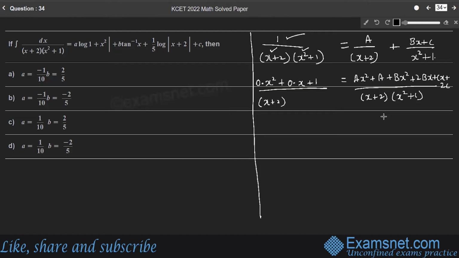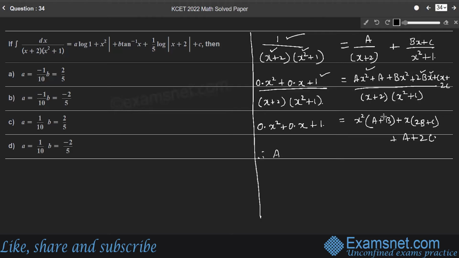So we can cancel the denominators and equate the numerators, clubbing all x square terms, x square into (a plus b), all x terms, x into (2b plus c), and the constants a plus 2c, which equals 1.